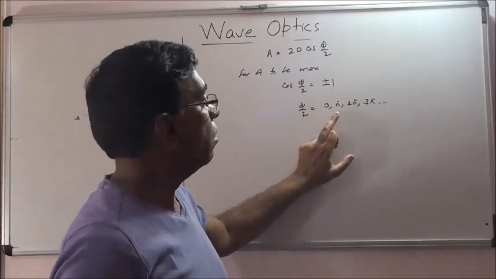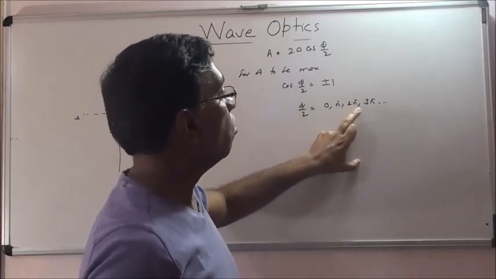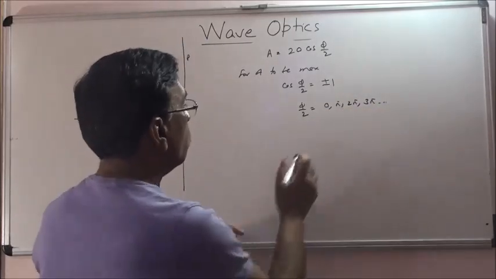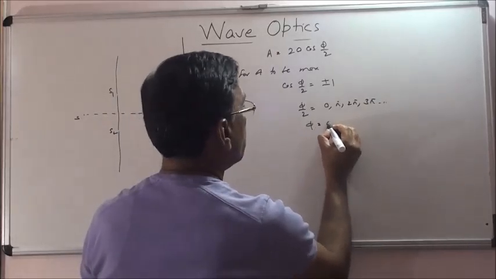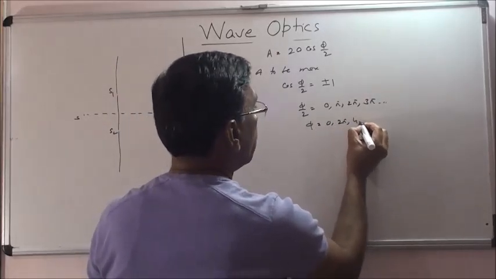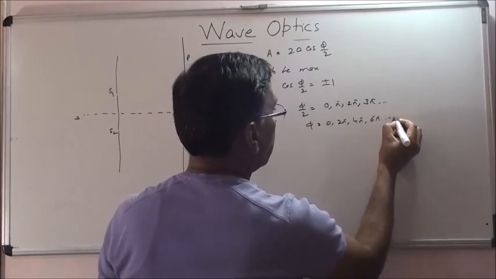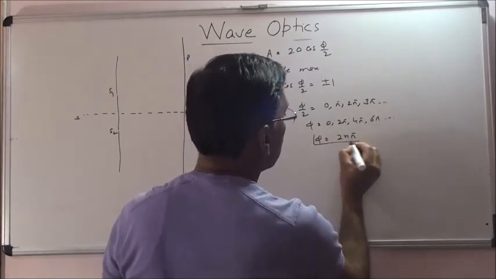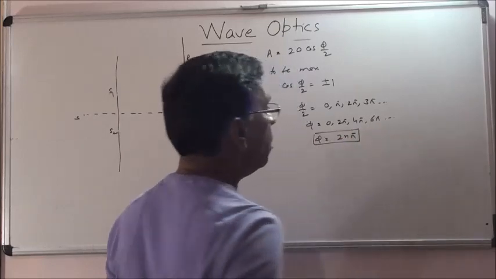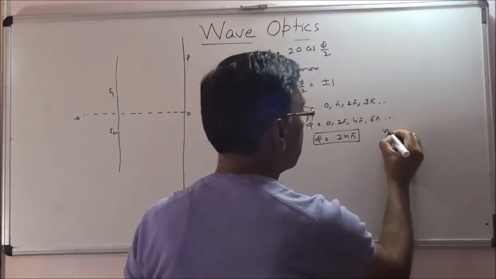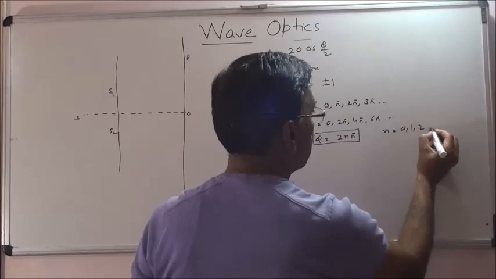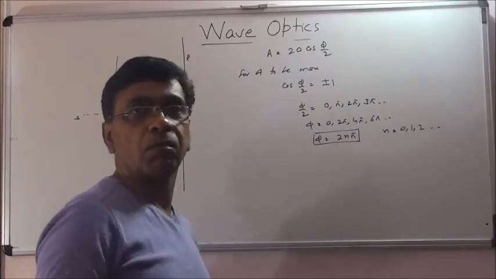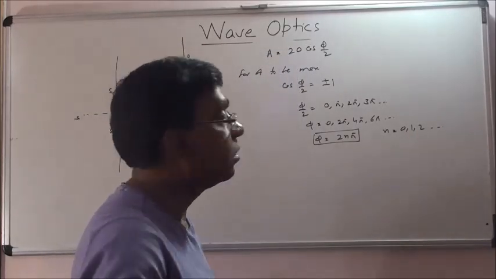Cos 0 is 1, cos pi is minus 1, cos 2 pi is 1, and then 3 pi again minus 1, and so on. So phi needs to be 0, 2 pi, 4 pi, 6 pi, or I can say it is an even multiple of pi. This gives maximum.